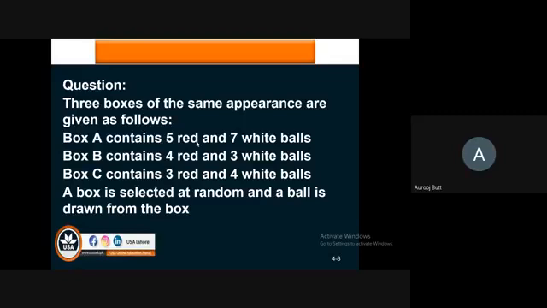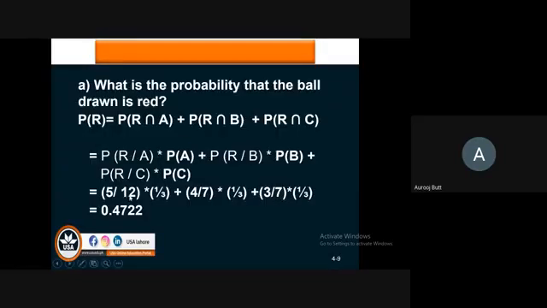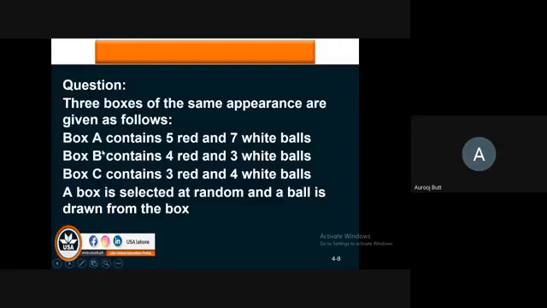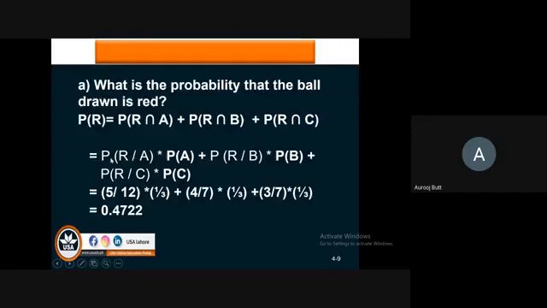Total 12 balls are there in box A, and out of these 12 balls you have to select that the ball selected is red in color. And how many red balls do you have in box A? We have a total of 5 red balls in box A. So 5 by 12 is the probability of R given A.